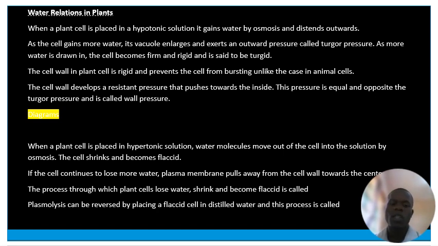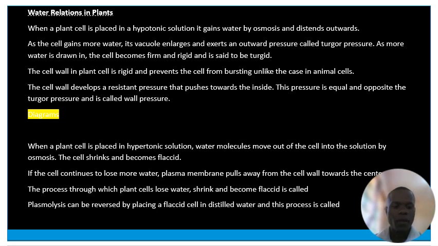This process of distending outwards creates a pressure called the wall pressure. The wall pressure is the pressure that pushes back after a plant cell has absorbed water, and the plant cell does not burst. This is because the cell wall of a plant is rigid.